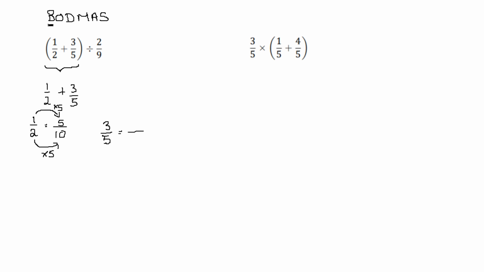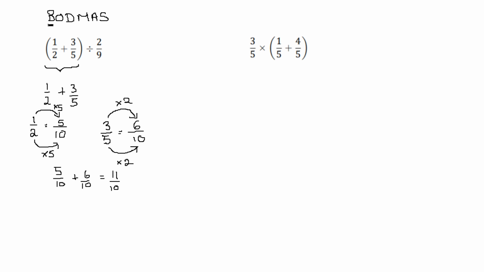I want the denominator of my equivalent fraction to be 10, so I'm going to multiply 5 by 2, and do exactly the same with my numerator. I'm going to multiply by 2, and that's going to give me 6/10. I can now do 5/10 plus 6/10, and that's going to give me 11/10.